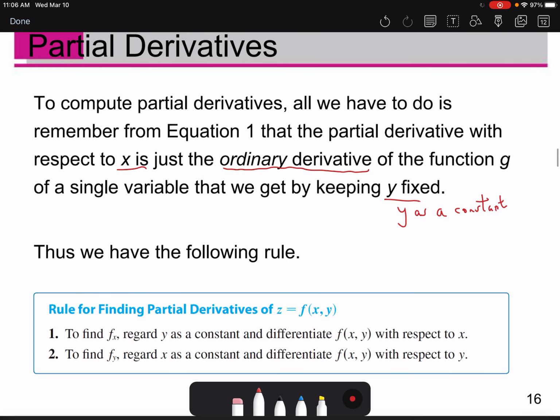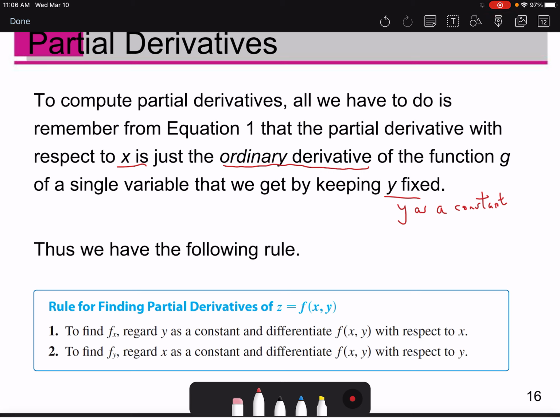The rule is: to find the partial derivative of f with respect to x, we regard y as a constant and differentiate with respect to x. Similarly, to find the partial derivative of the function with respect to y, we regard x as a constant and differentiate with respect to y.